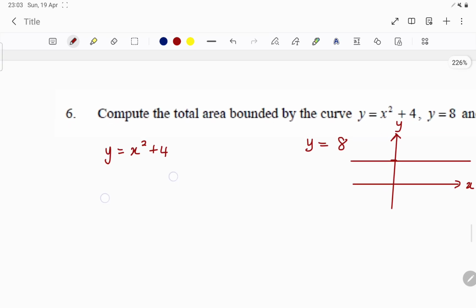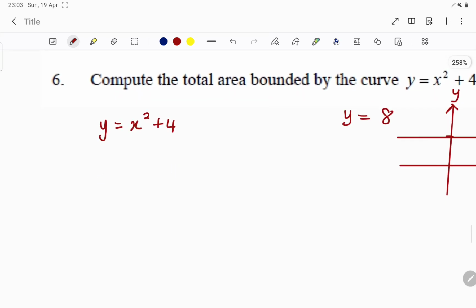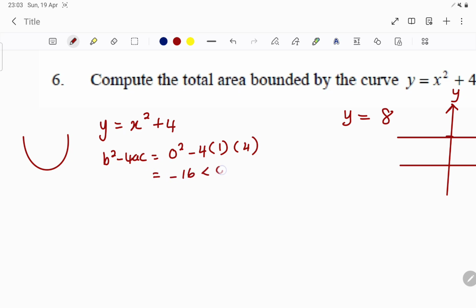But for the quadratic, x squared plus 4, we have to see first whether it is a sad graph or a smile graph. You see x squared is positive, so it is a smile graph. Now we see how many solutions this quadratic has using b squared minus 4ac. b is 0, so 0 squared minus 4 multiplied by a, which is 1, and c is 4. You get negative 16, which is less than 0.